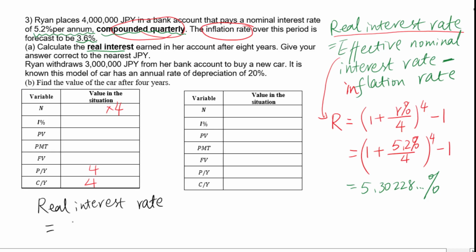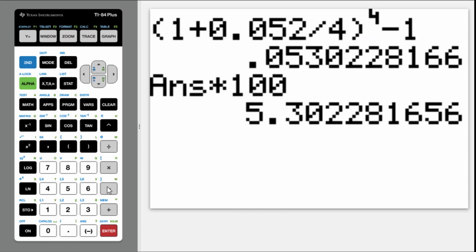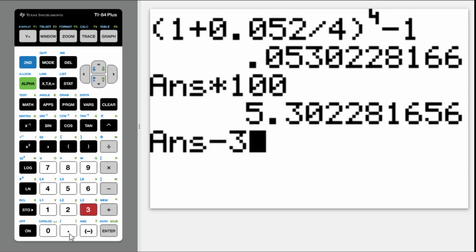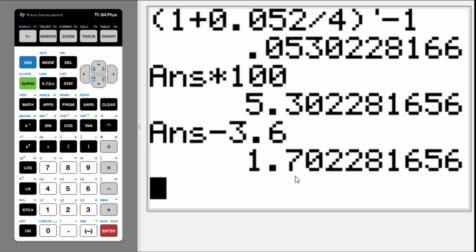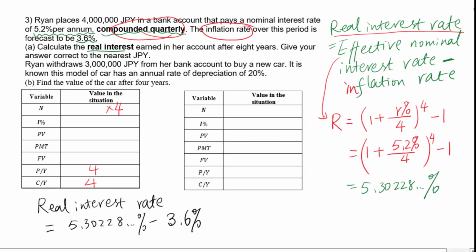Real interest rate equals 5.30228% subtract 3.6%. Minus 3.6 equals 1.70228%. So we put this I% here, which will be 1.70228.